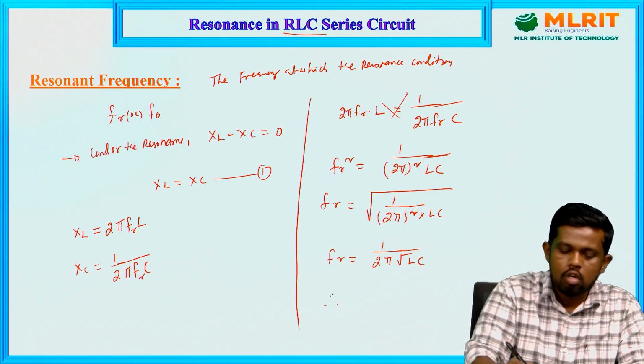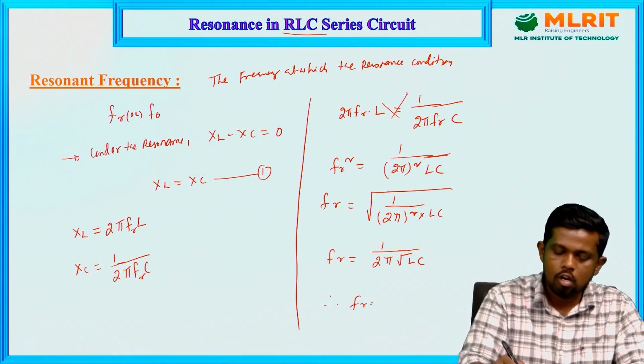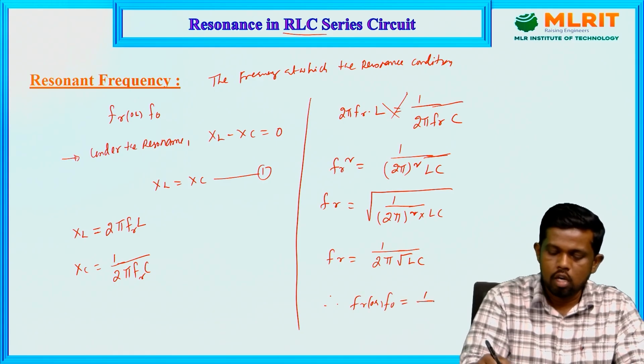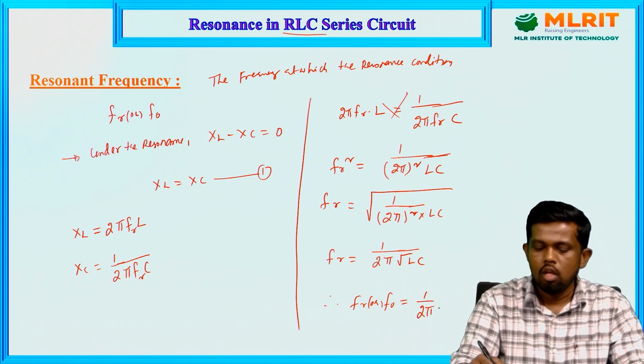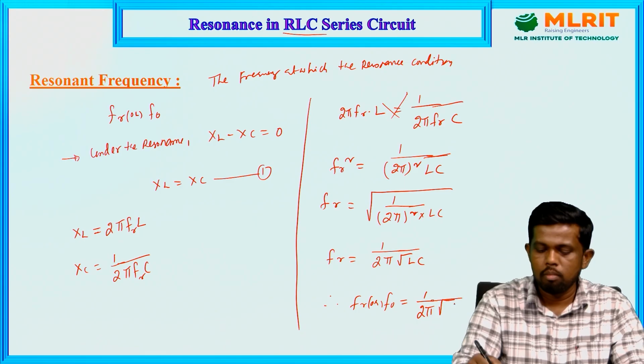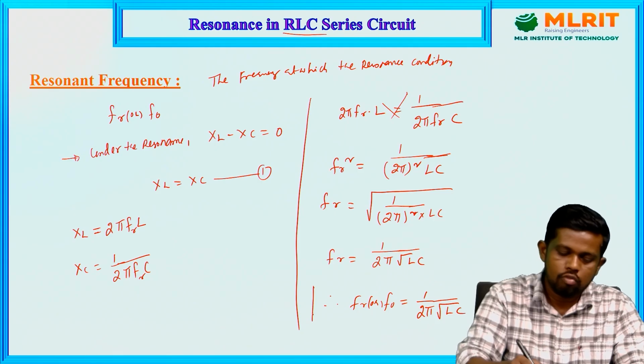Therefore, the frequency at which the resonance condition occurs, that is FR or F naught, equals 1 by 2 pi root LC. This is the resonance frequency.